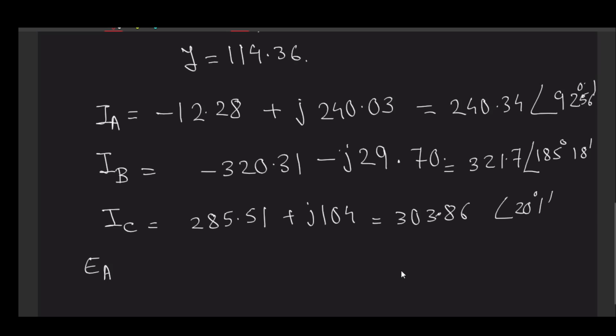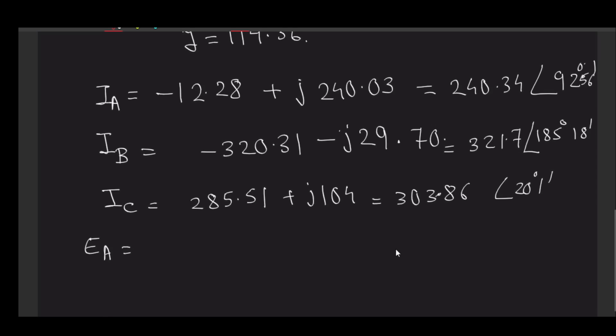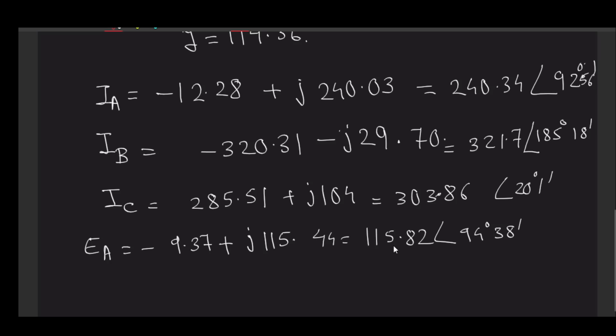Accordingly, voltage EA is equal to minus 9.37 plus J115.44, that is 105.82 angle 94 degree 38 minute.